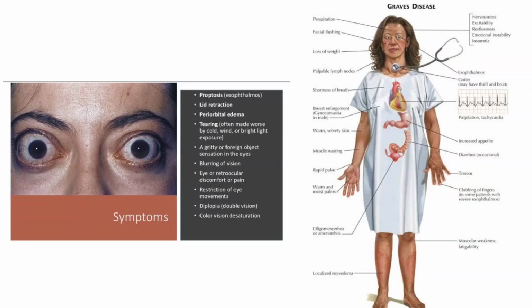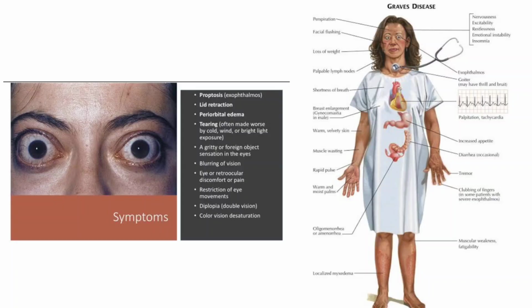Now the symptoms of Graves' disease can be palpitations, facial flushing, weight loss, palpable lymph nodes can be seen in case of thyroiditis, shortness of breath, breast enlargement, warm velvety skin, muscle wasting can be seen. The pulse rate is high, so the patient can present with tachycardia, warm and moist palms because the basal metabolic rate is high.